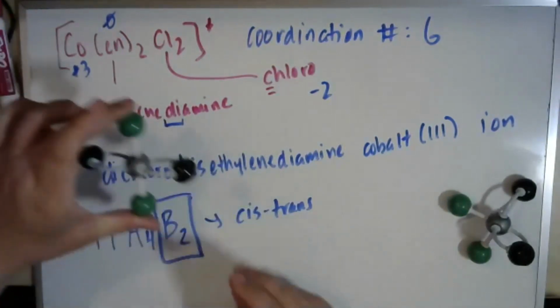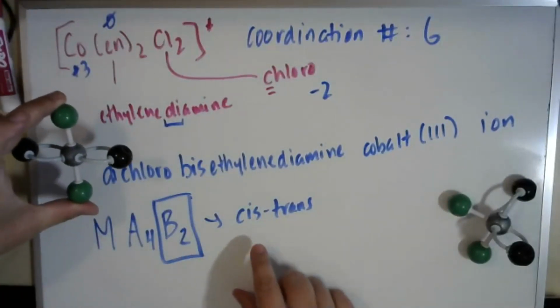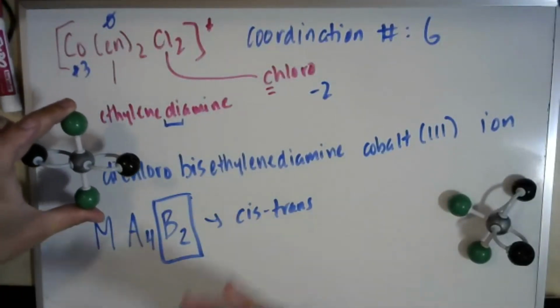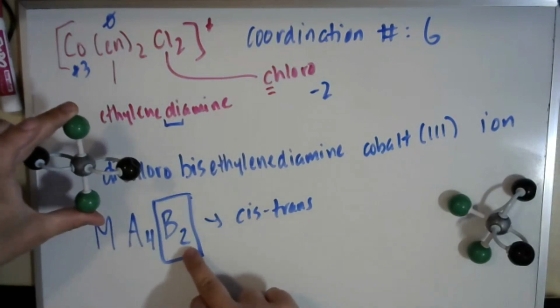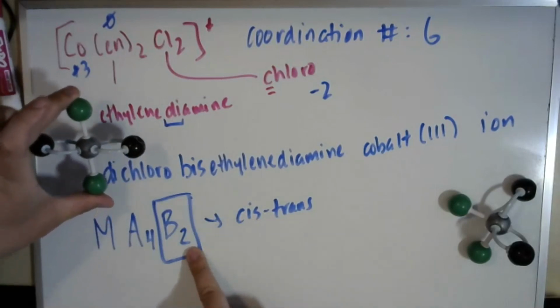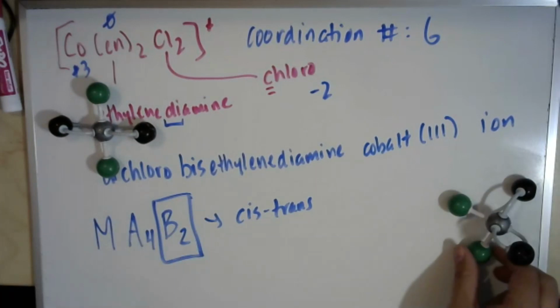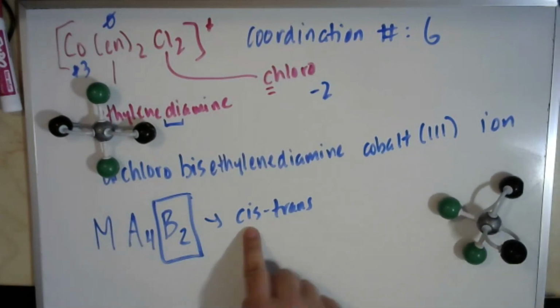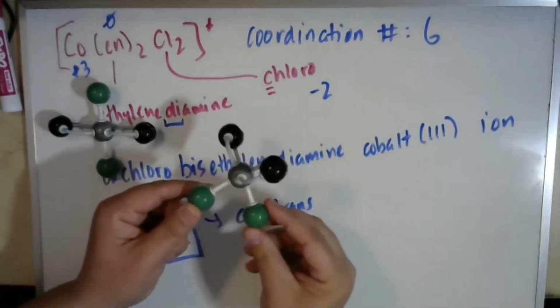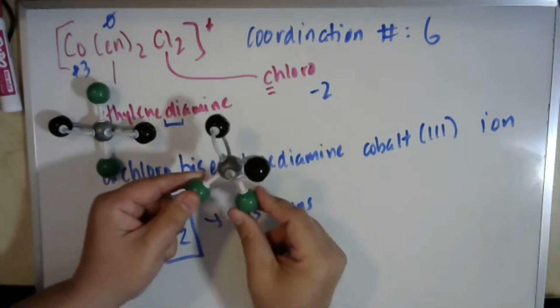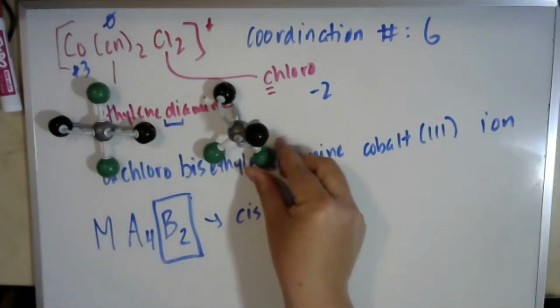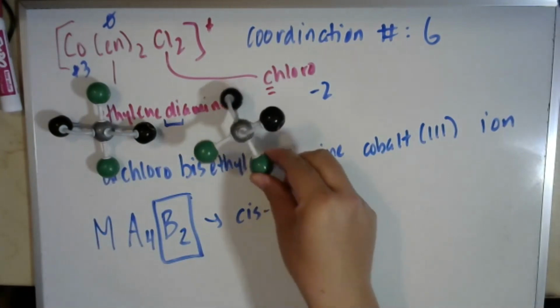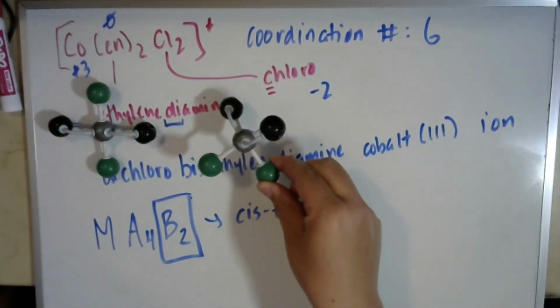I think it's easiest to recognize which type of isomer is trans versus cis based on whichever you have fewer of. Once you are looking at the cis isomer, your two chlorines are going to be right next to each other. So that's going to be a representation of your cis isomer.